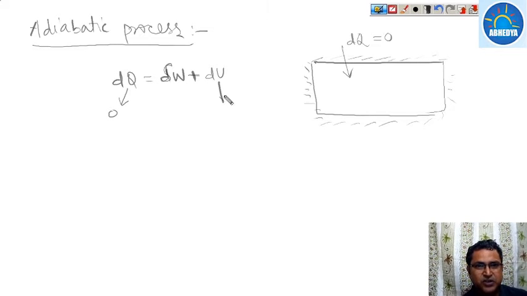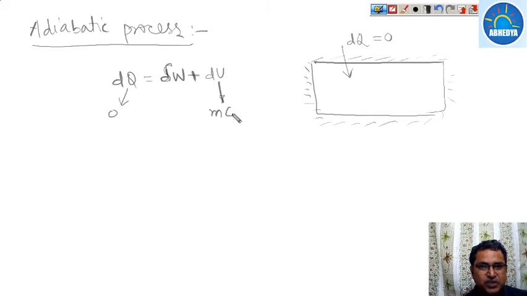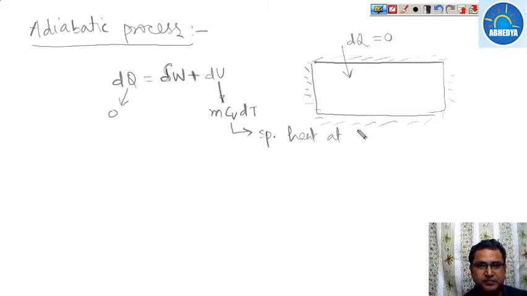And du is the change in internal energy, which is mCv dt, where Cv is the specific heat at constant volume.